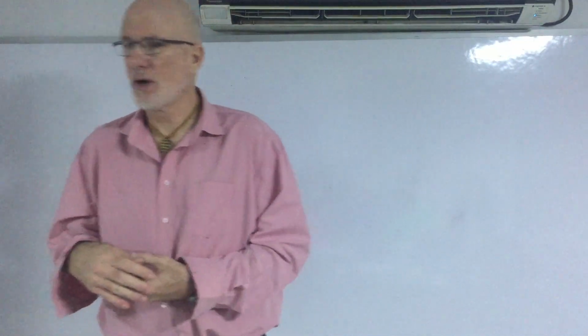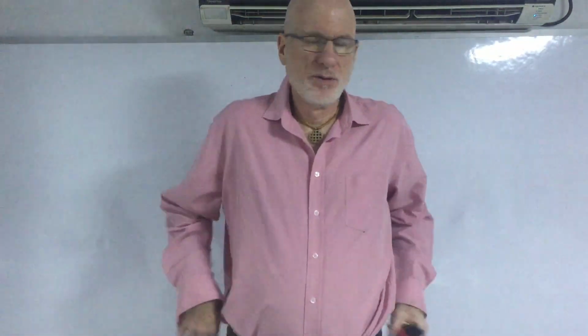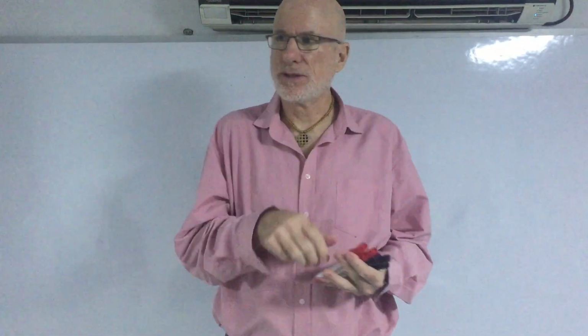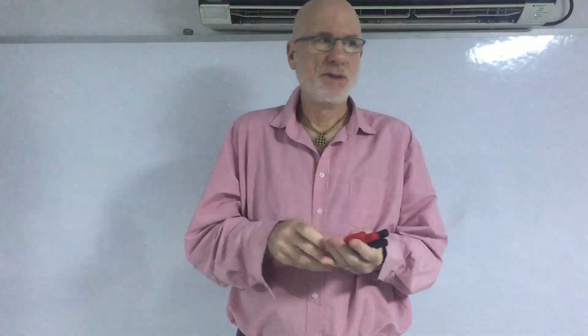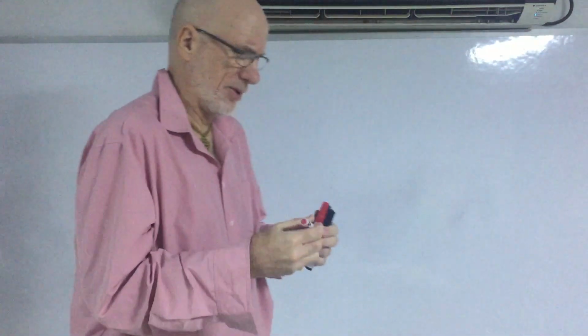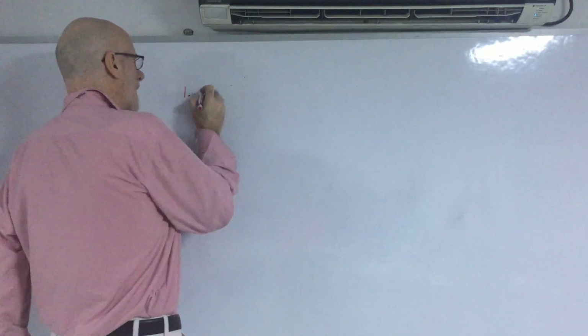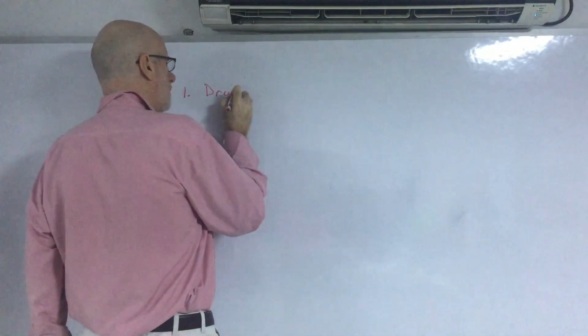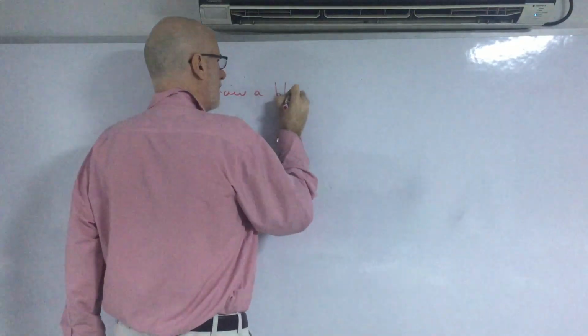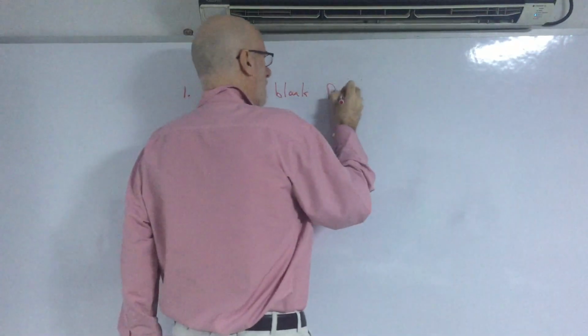Okay, so today, first, I want to talk about the several quizzes, or the evolution of the periodic table. The first quiz is going to be: you're going to have to draw a blank periodic table.